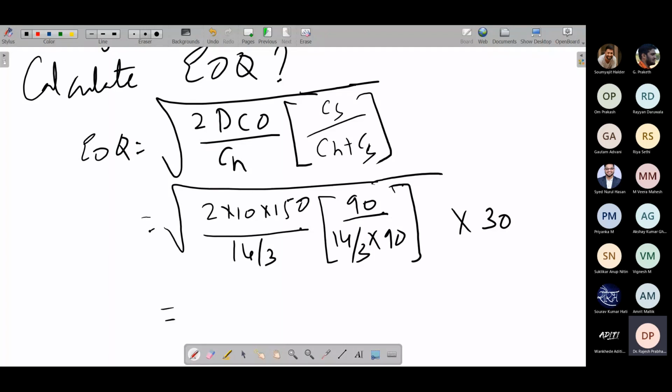So if you take this whole thing down, root of 20 into 150 is 3000. 14 by 3 is... Sir, are you calculating for month, right? We are calculating per month.